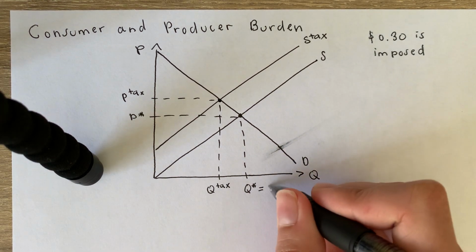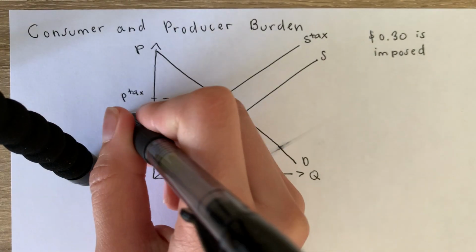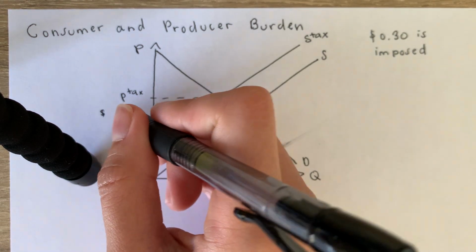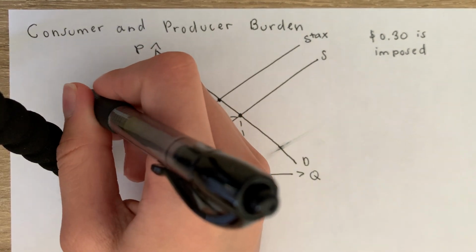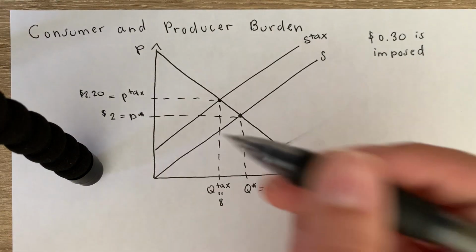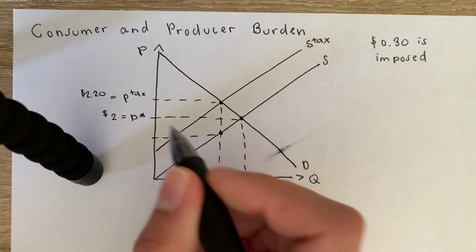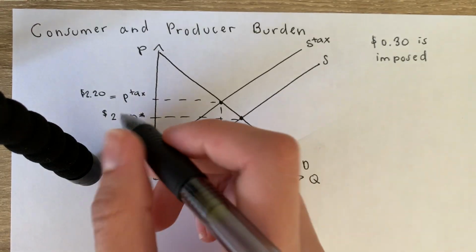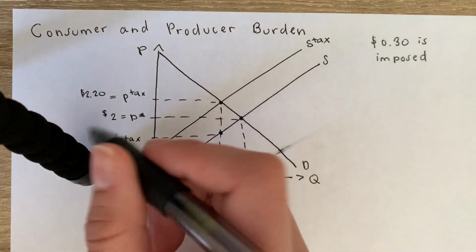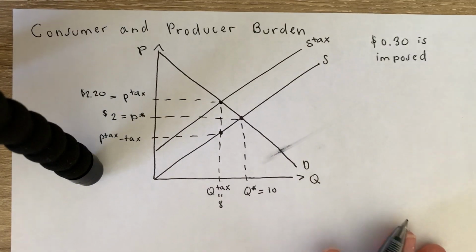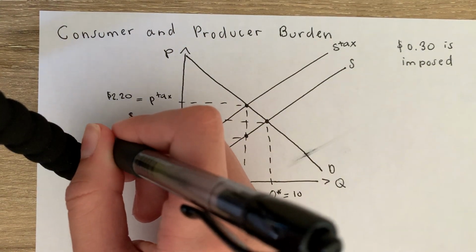So we'll say Q star is 10, Q tax is now 8, P star, we'll say this was $2, and this is going to make P tax $2.20, and then we're also going to have this point right here, which is our P tax minus tax. This is going to be $1.90.